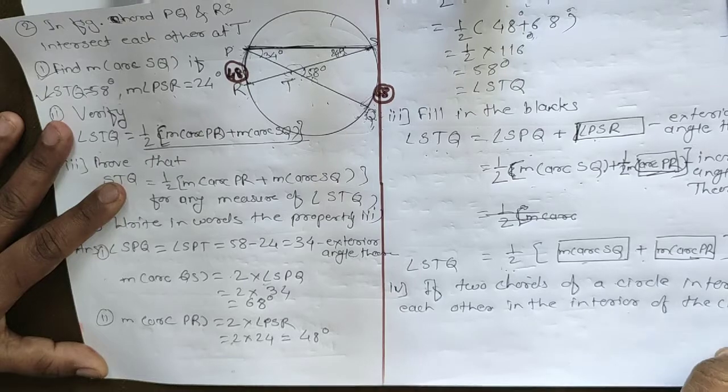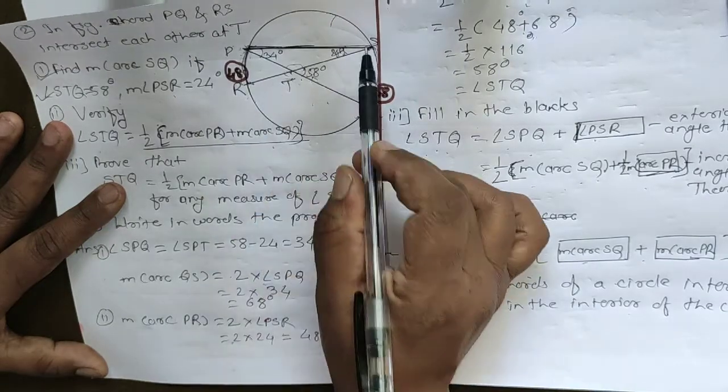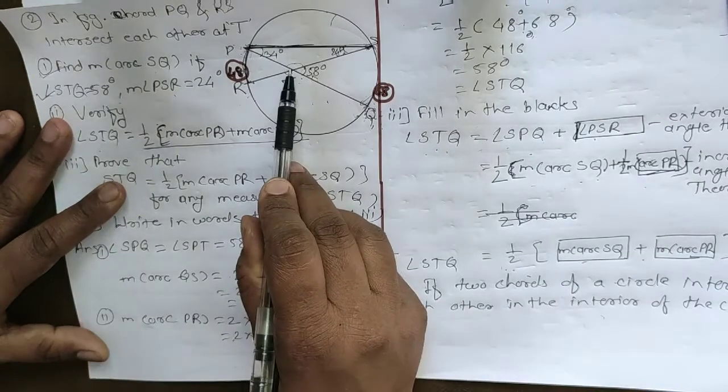these are the chords, PQ and RS. These two chords meet each other in the interior of the circle.